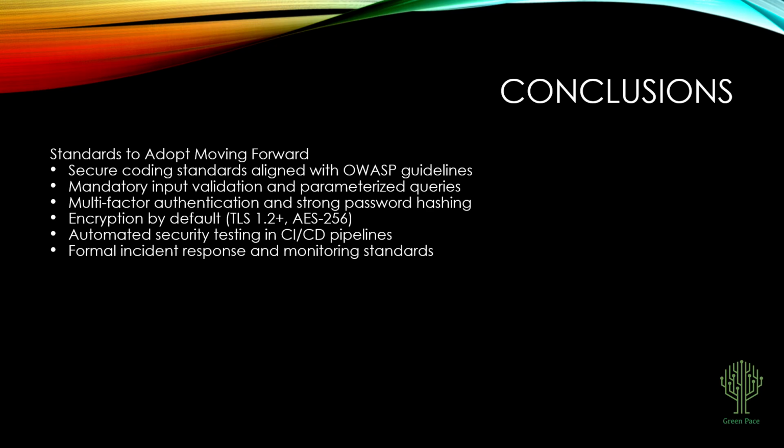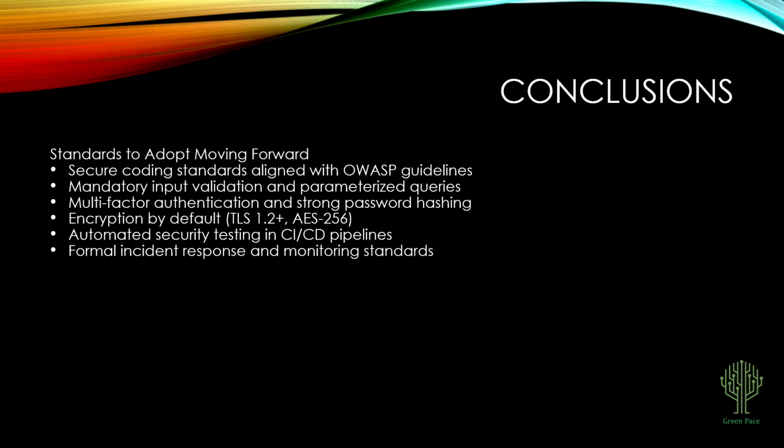Authentication controls should include multi-factor authentication and strong password hashing, and encryption should be enforced by default for both data in transit and data at rest. Secure testing should be integrated into CI/CD pipelines to ensure continuous verification and monitoring. And incident response procedures should be clearly defined and consistently applied. By standardizing these controls and embedding them into the development lifecycle, the organization can proactively reduce risk, strengthen resilience, and prevent future vulnerabilities.